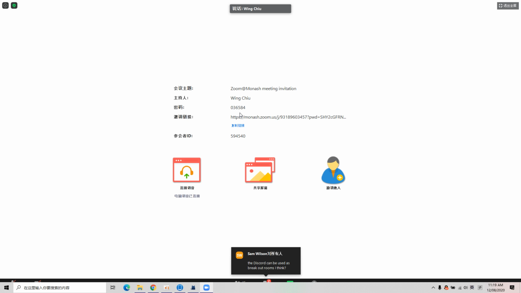Is there any way you can set up your own breakout room? I can set up breakout rooms for you. I didn't expect that many people to be turning up actually.